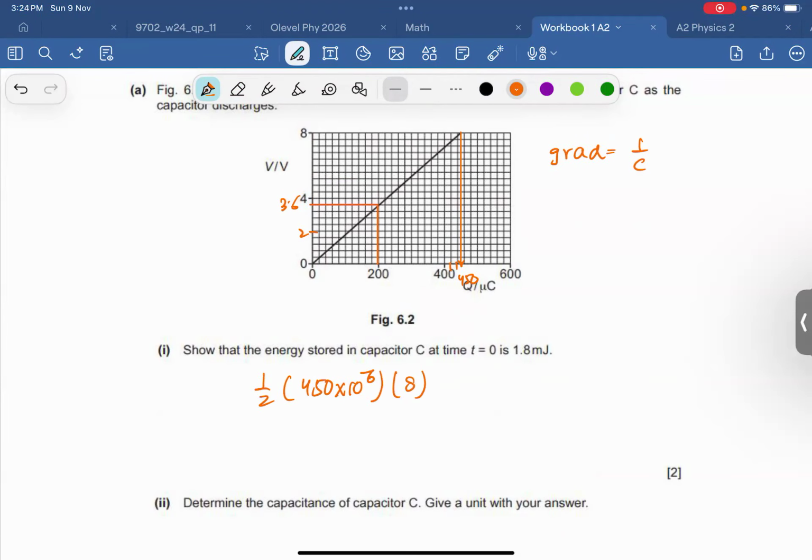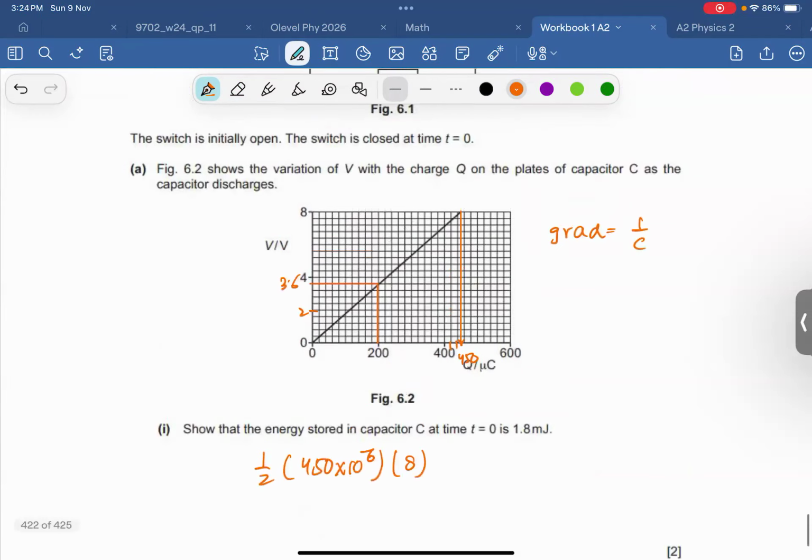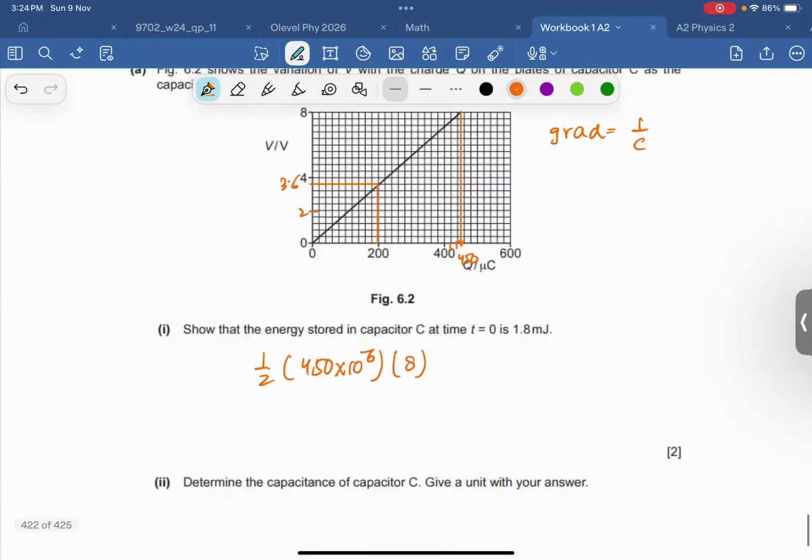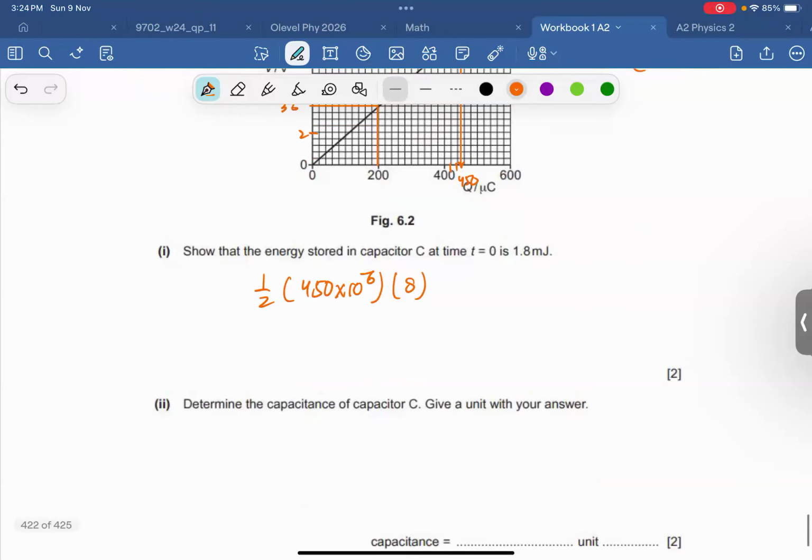At time t equals to 0, there's 8 volt across it. So you can solve. I'm getting 1.778, which rounds off to 1.8 exponent negative 3, and it is proved.